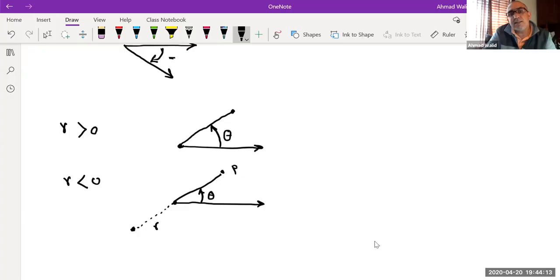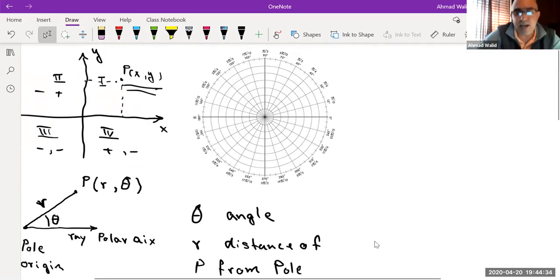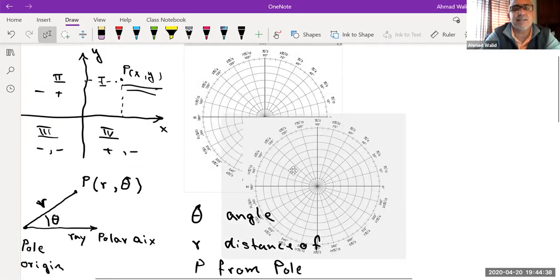It means this is a line segment. It has a starting point and a terminating point, which we call the terminal, correct? Let's do some examples. Let me bring that graph down and let's practice.